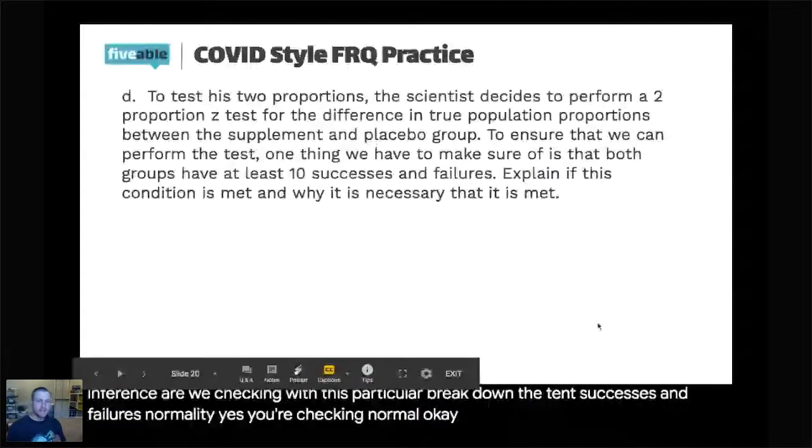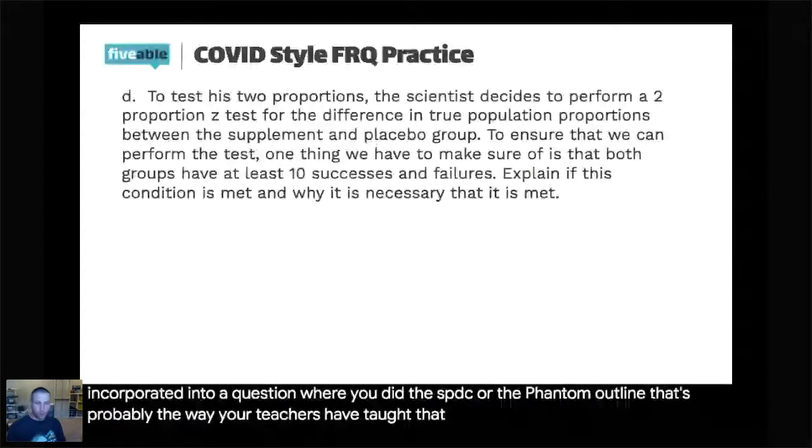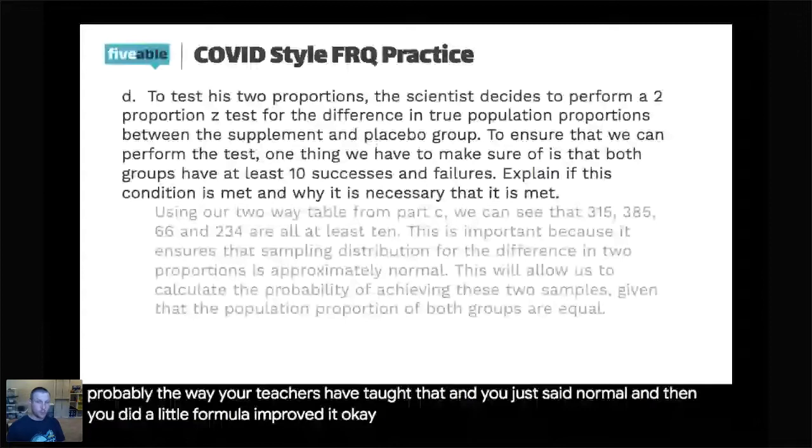In the past, this was always incorporated into a question where you did the SPDC or the phantom outline. It's probably the way your teachers have taught that. And you just said normal, and then you did the little formula and proved it. Okay. With this test, since it's not incorporated, they might want you to be a little bit more specific. All right.